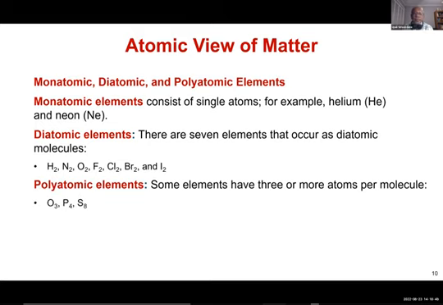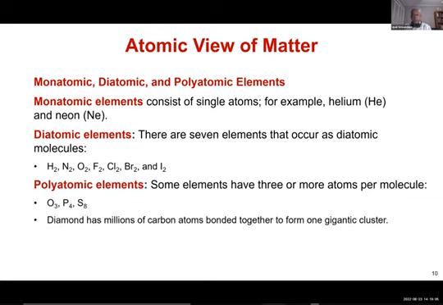Ozone has 3 oxygen atoms. Phosphorus has 4. Sulfur has 8. Carbon in the form of diamond has a large number of carbon atoms, millions of carbon atoms bonded together to form a gigantic cluster, a very large diamond crystal. It's made out of millions of carbon atoms.